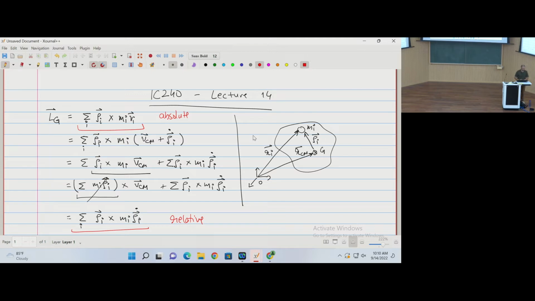The coordinate system, I mean, what do you mean by coordinate system? We're talking about vectors here. When we calculate summation m_i rho_i, just to understand why this is 0, we say that let us calculate things from center of mass.